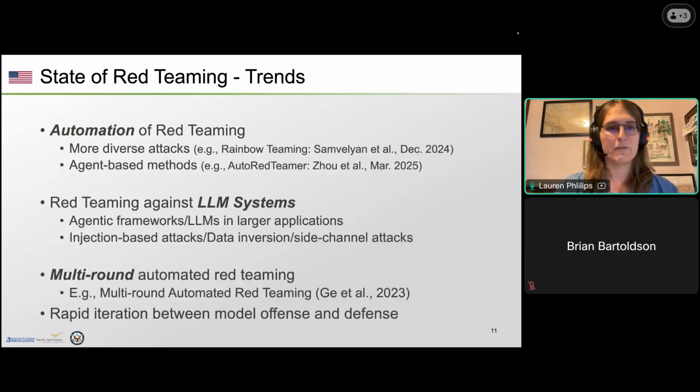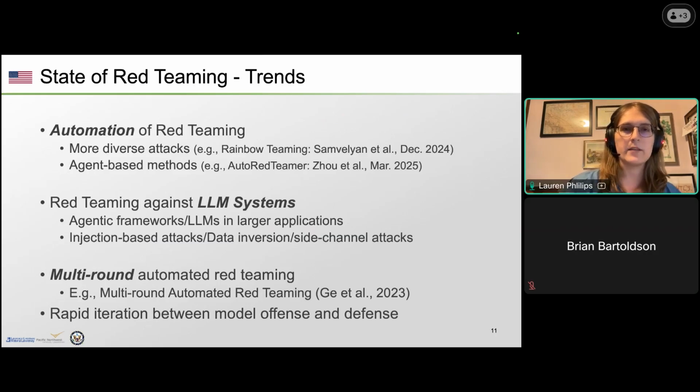But again, just to reinforce that there is a very rapid iteration happening right now between people who are trying to attack LLM systems and people who are trying to defend LLM systems. So we can think of red teaming as a useful tool to think about that rapid iteration and to discover vulnerabilities before they are exploited so that we can mitigate them.